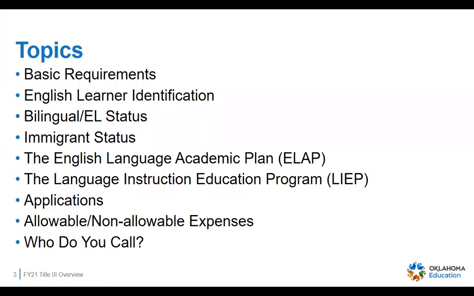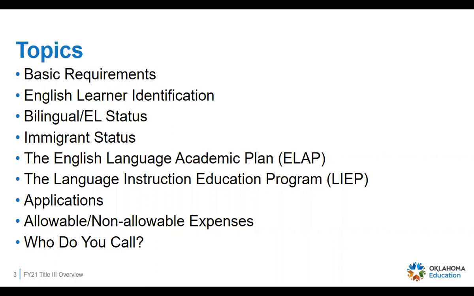So we have several things to talk about here. This is a general overview, so we've got kind of a long list of topics. We do have another webinar scheduled for this afternoon after this one, where we will look a little more closely at the identification process and at the English Language Academic Plan.